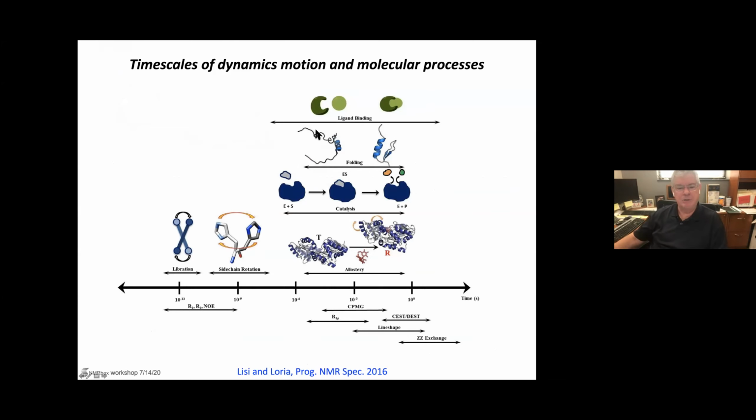And you can see, these librations and side chains, ligand binding, folding, unfolding, catalytic processes, and something that's near and dear to our heart, and Frank, as a graduate student in allostery, falls in this range from microseconds to milliseconds up to seconds and longer, okay?